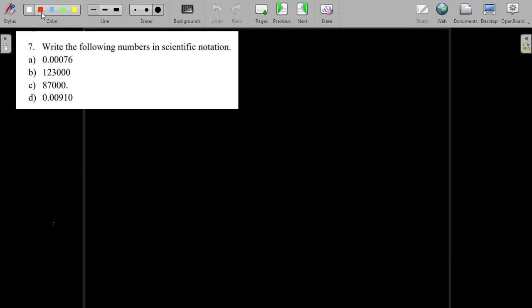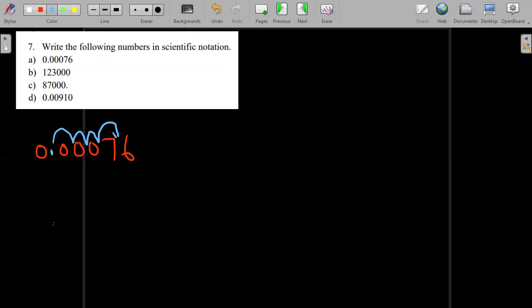Question 7, they are saying write the following numbers in scientific notation. So we have 0.00076. We have to make this number greater than 1 but less than 10. So we're going to move this decimal point from where it is to 1, 2, 3, 4.